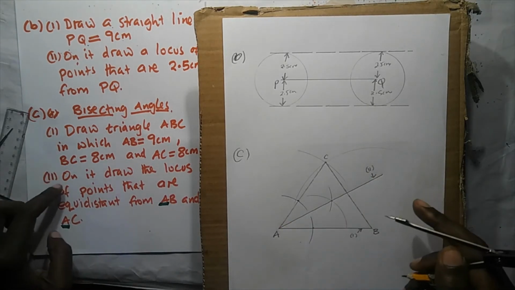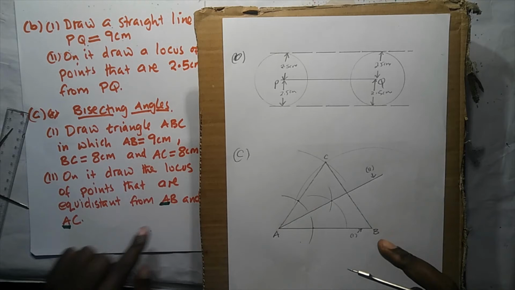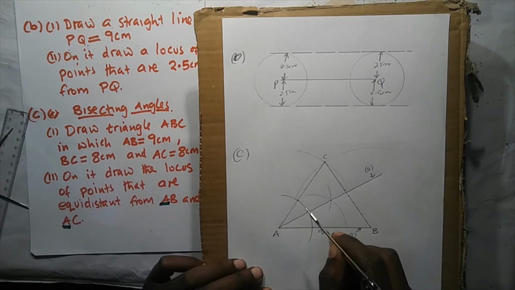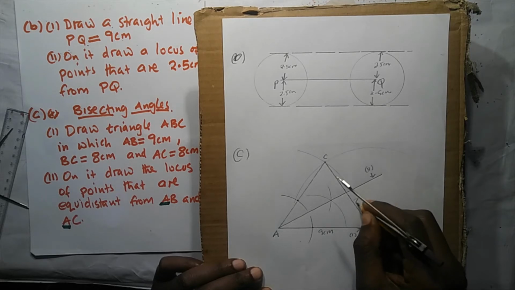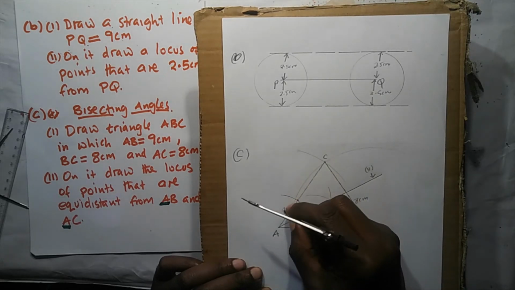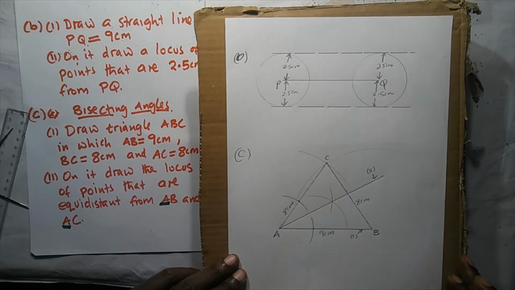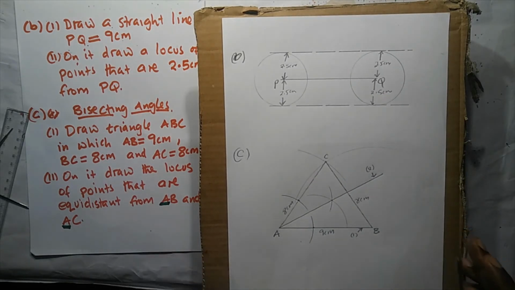This is the line that is equidistant from AB and AC. So our triangle has AB as 9 centimeters, and 8 centimeters on the other two sides. And so this is how we construct the different types of locus.